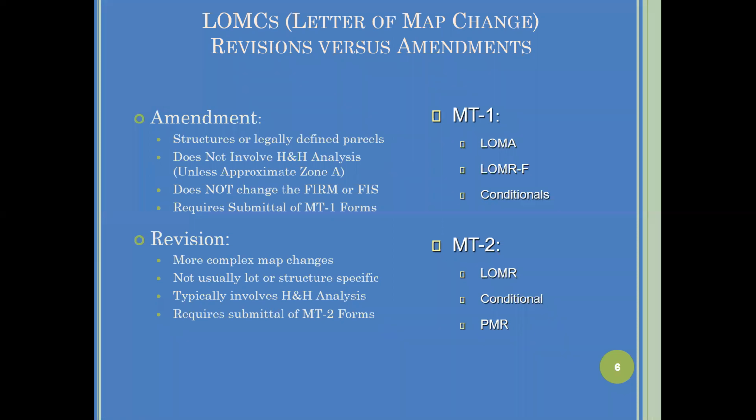MT-1 forms are also used for letters of map revision based on fill. MT-2 forms are for the letters of map revision, conditional letters of map revision, or PMRs. I'm not sure that's accurate.